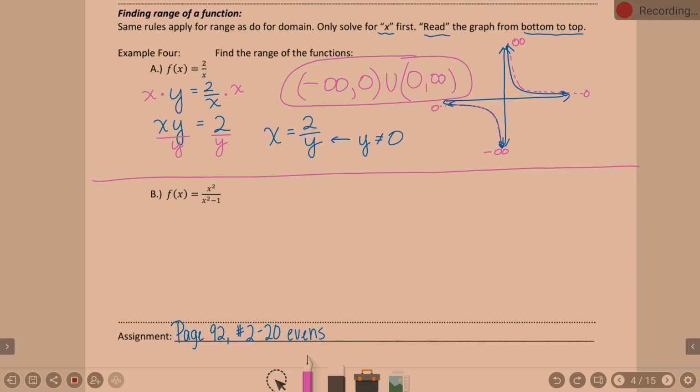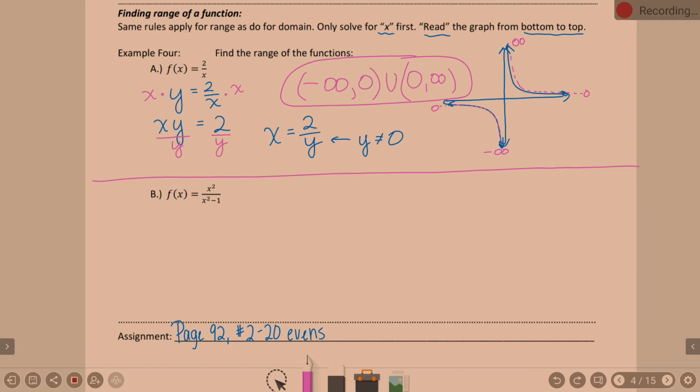Okay. One more to look at. B. How do you feel about solving for x? You've got x squared on top, x squared minus 1 on bottom. Is this going to be an easy solve for x? No. And here's what I'm going to suggest. Domain, I like you looking at the equation a lot first, and then the calculator.